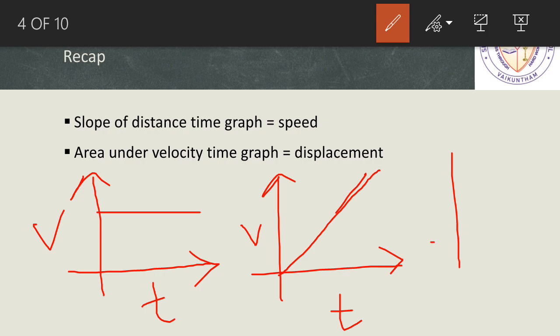And for non-uniformly accelerated motion, it will be a curve. So these are the things which we have studied.